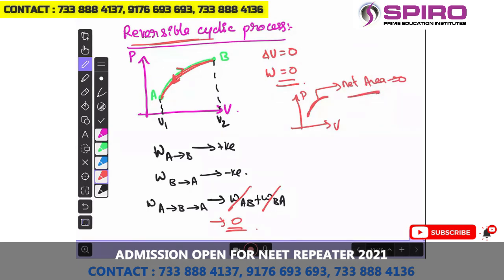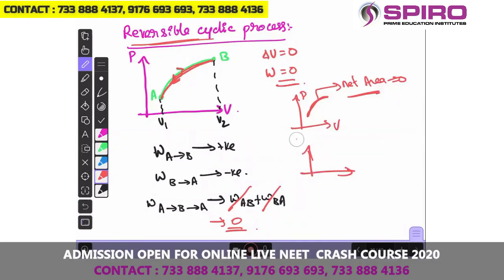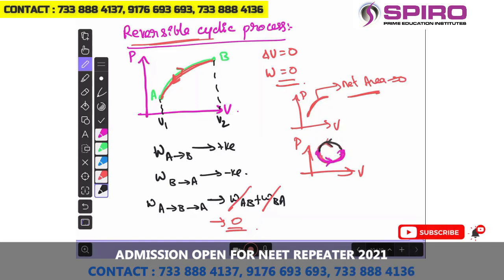If it is an anti-clockwise cycle, that means positive work is less and negative work is more. From minimum volume to maximum volume, this is the positive work, and from maximum volume to minimum volume, this is the negative work.